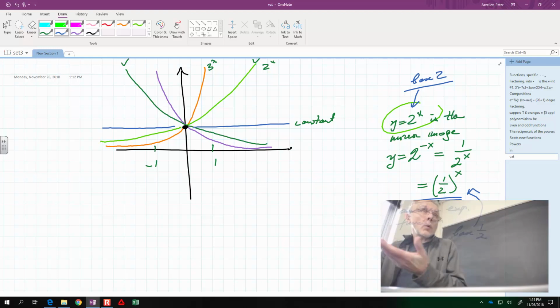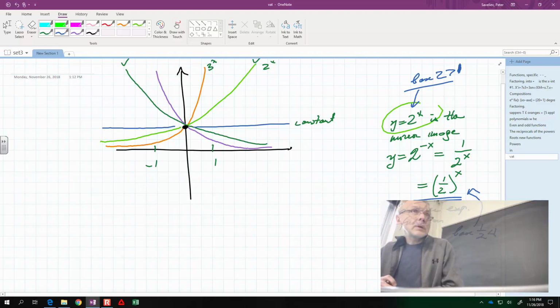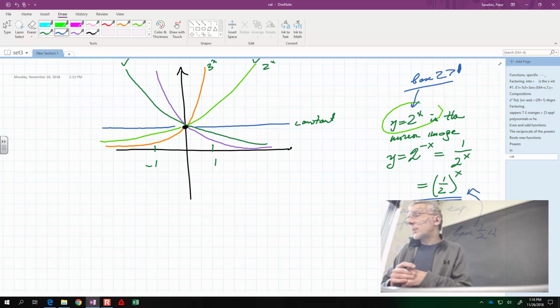One of them was larger than 1, and it was increasing. Once you flipped it, it became decreasing, and the base is less than 1. So 2 is larger than 1, and this one is less than 1. Every increasing exponential function can be flipped horizontally, producing a decreasing exponential function. And what happens to the base? It becomes its reciprocal.